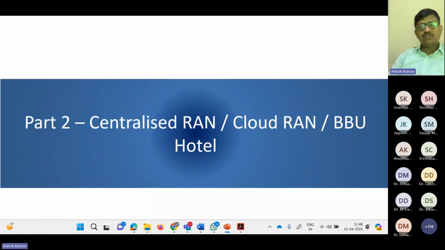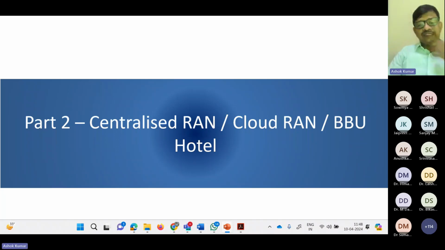In the case of a virtualized BBU, you can buy your own hardware, your own server, maybe a Dell server, and then Nokia can give you BBU software which you can install onto your own hardware. So that's COTS hardware or a COTS server. Is that clear? Yes, sir. Thank you, sir. And that is the concept in 5G, that all network elements you can install on open hardware or COTS hardware.